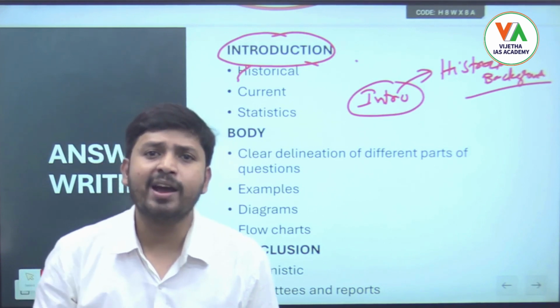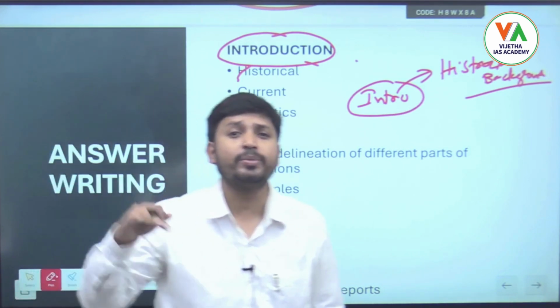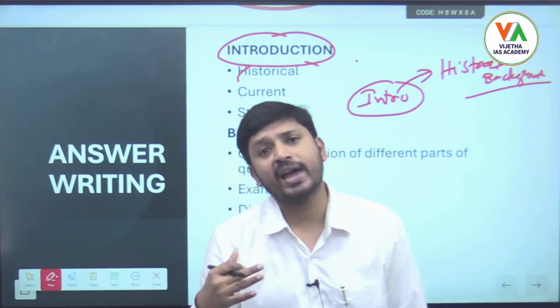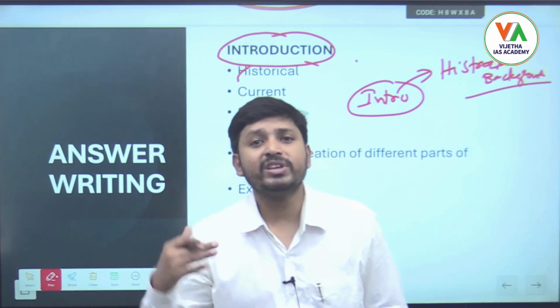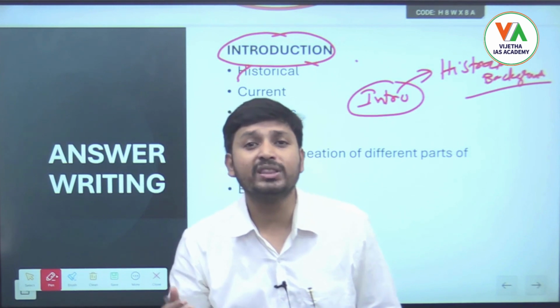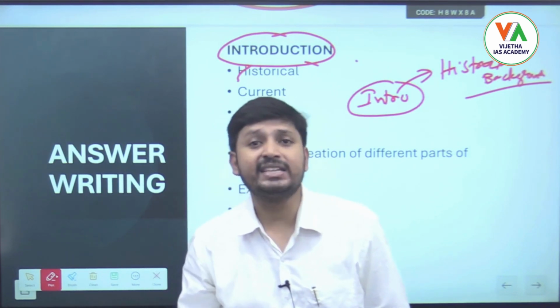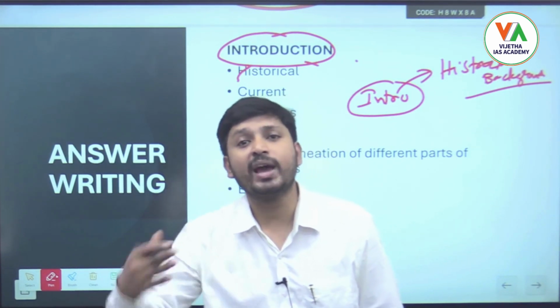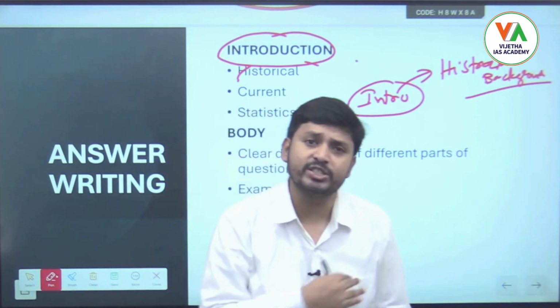Then we have to start from the basics, from the historical background: how ISRO started, in which year, what factors led to its establishment, what institutions were established before ISRO, and when ISRO was formed. All these things we can write as a historical background.